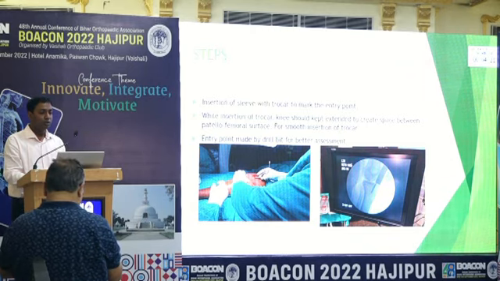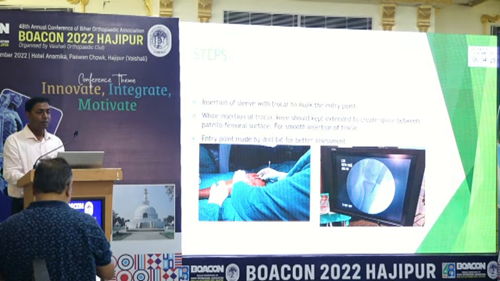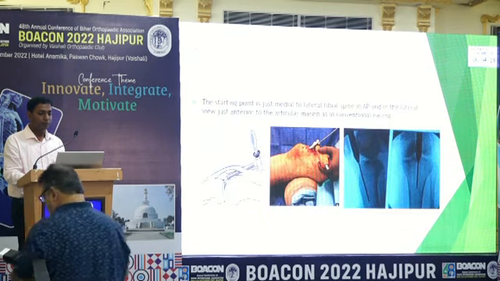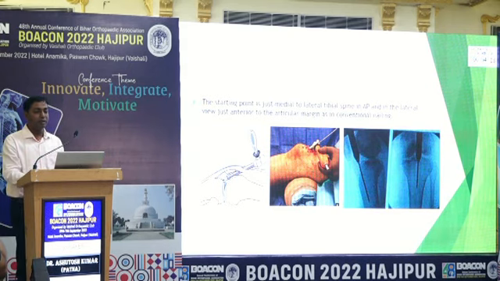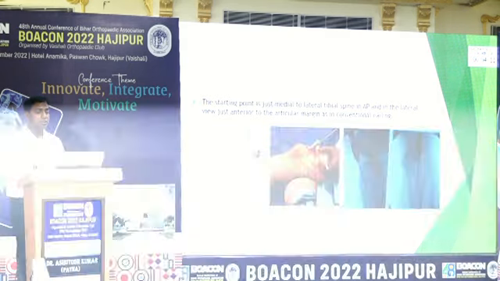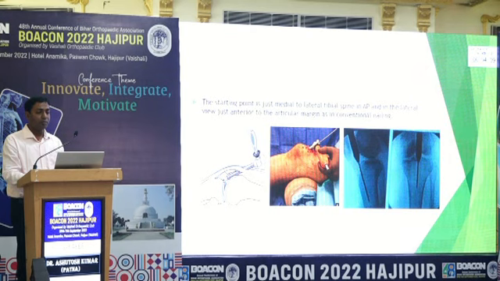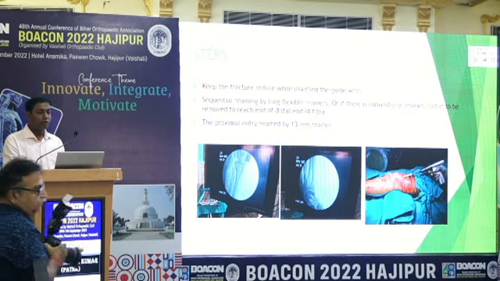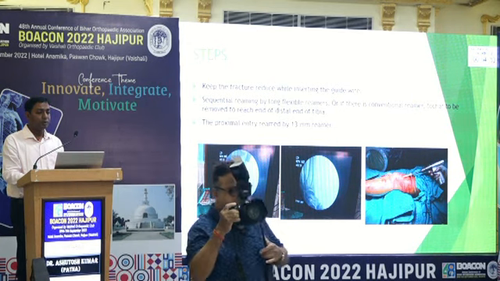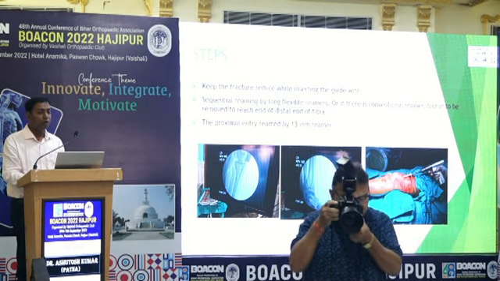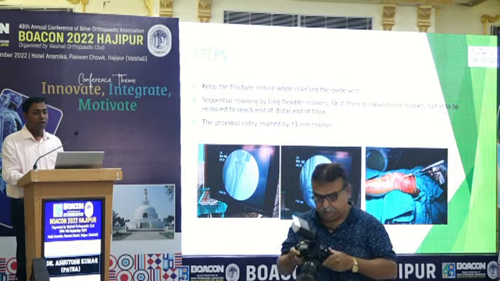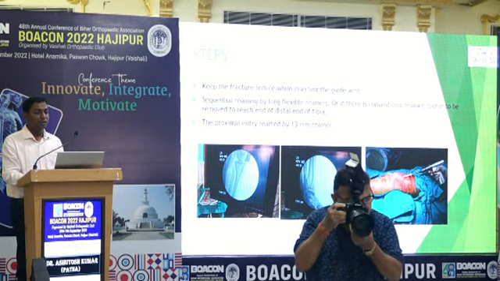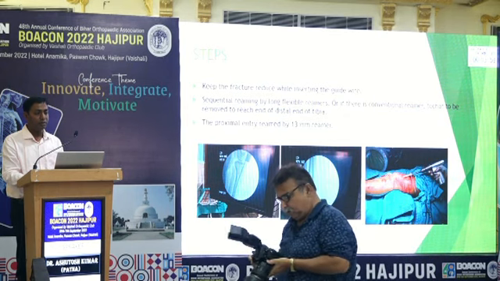Entry point should be made by the drill bit for better assessment. The starting point is just medial to the lateral tibial spine in AP, and in lateral just anterior to the articular margin, as in the conventional nailing. After the fracture is reduced by inserting the guide bar, sequential reaming is done with a long flexible reamer, or if a long flexible reamer is not available, then the trocar is removed to reach up to the distal tibia with the conventional reamers.